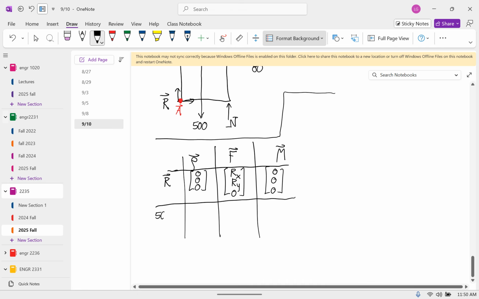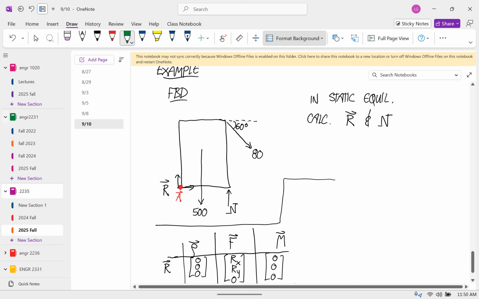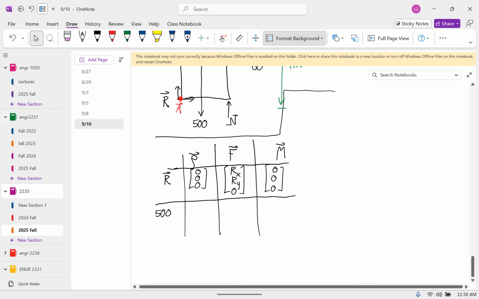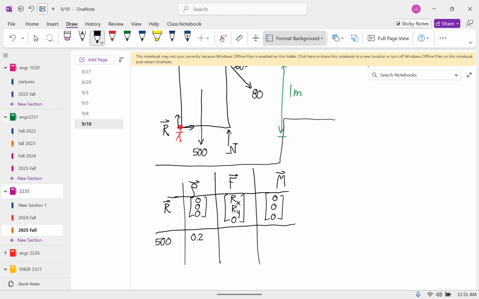Then we'll go to the 500 Newton force. Oh, I didn't give any dimensions. Let's pretend I did, though. Let's say this is 1 meter, and this is half a meter. So the rho vector that goes from the about point to where the force is applied is 0.25 in the positive x, 0.5 in the positive y, and then 0 for z.